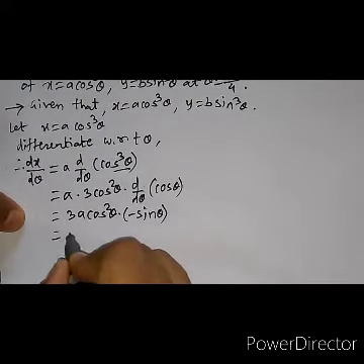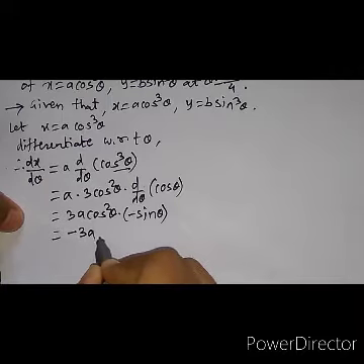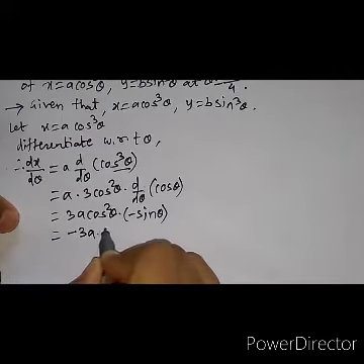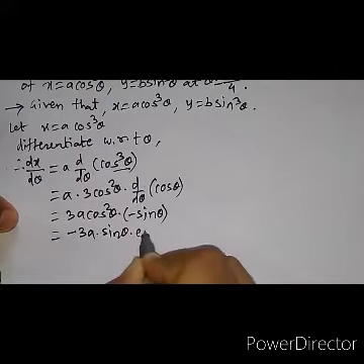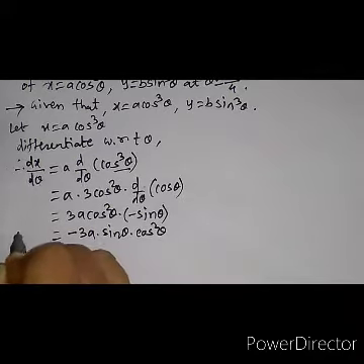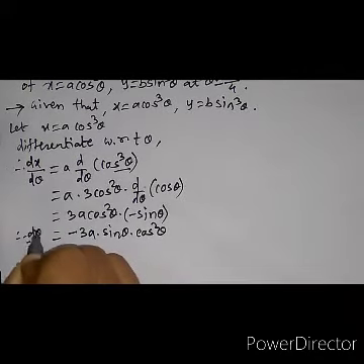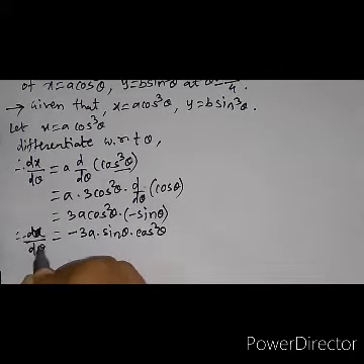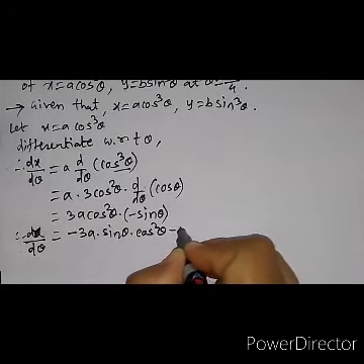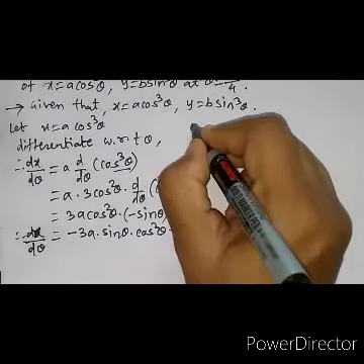So it can be written as minus 3a into sin theta into cos square theta. This is dx upon d theta. For this we can say equation number 1.